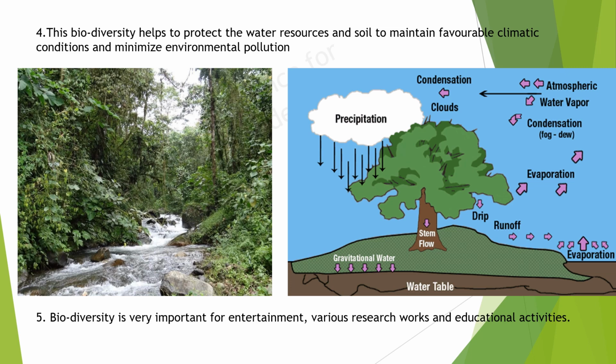In this picture, you can see how biodiversity protects the water cycle and how it maintains favorable climatic conditions. The fifth one is that biodiversity is very important for entertainment, various research works and educational activities.